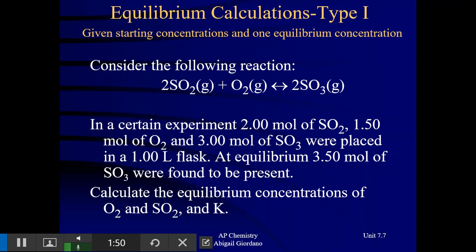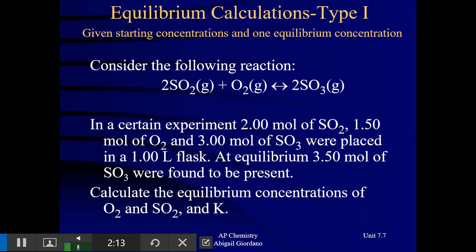The next sentence starts "at equilibrium," which implies that the previous sentence described conditions not at equilibrium. This sentence says at equilibrium, 3.5 moles of SO3 were found to be present.